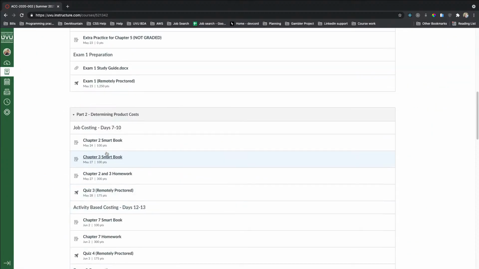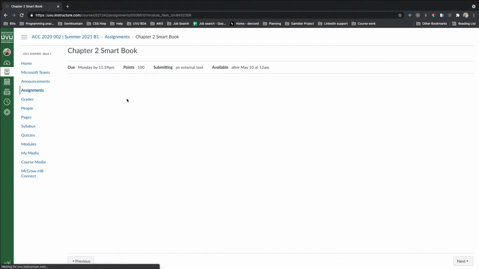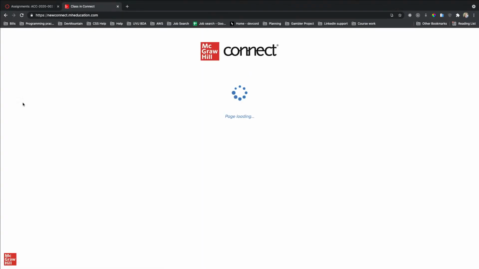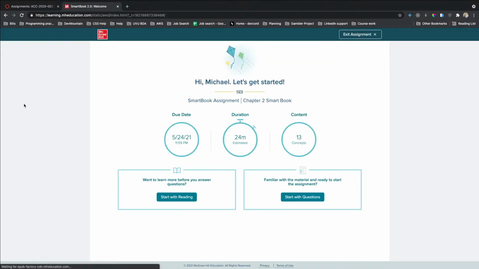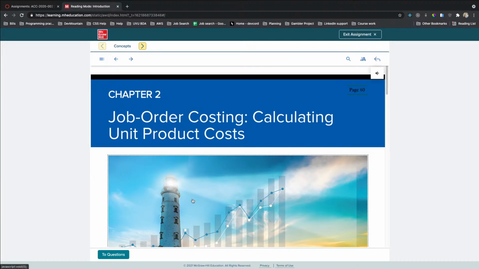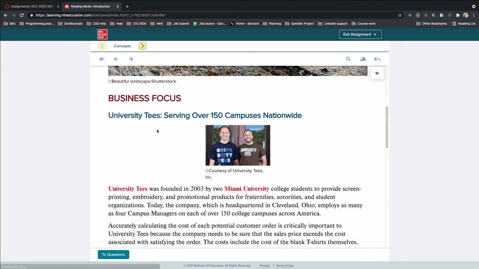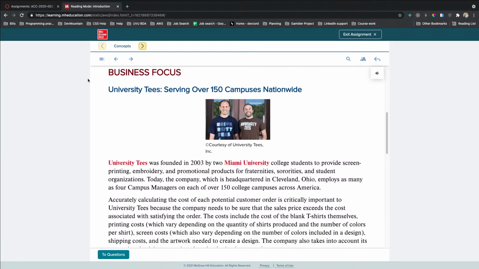All right, where are we? Chapter 2. Well, we gotta start with our reading. Job order costing, calculating unit product costs.